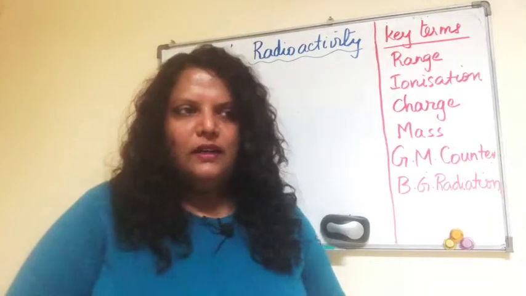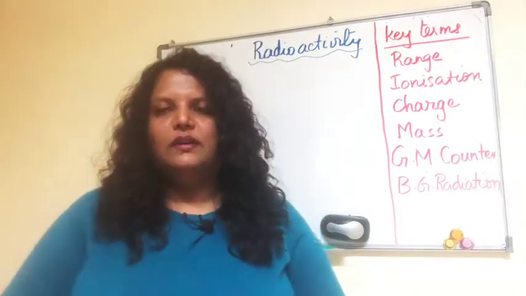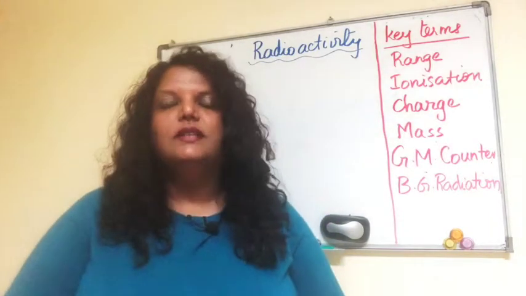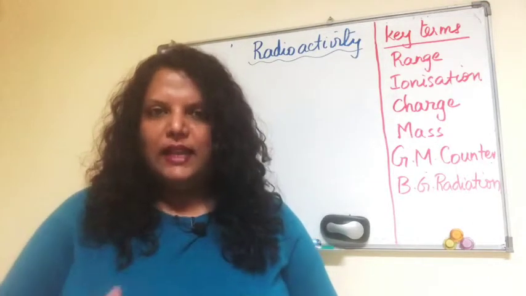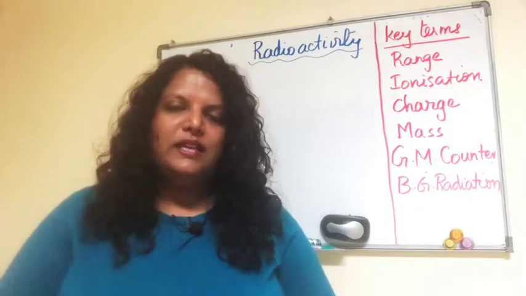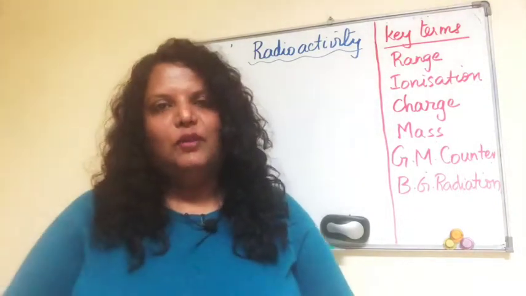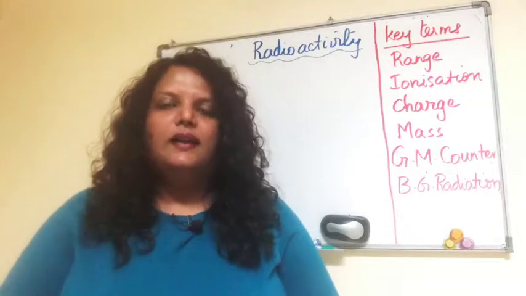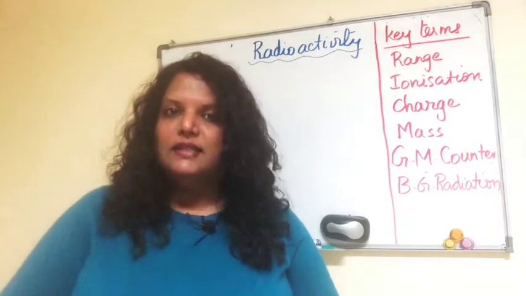Now, when you look at the atoms which give out radiations, if you just do an analysis, you will notice that the majority of the atoms which give out radiations will have a very high atomic number. Those high atomic numbers, certain elements are unstable.